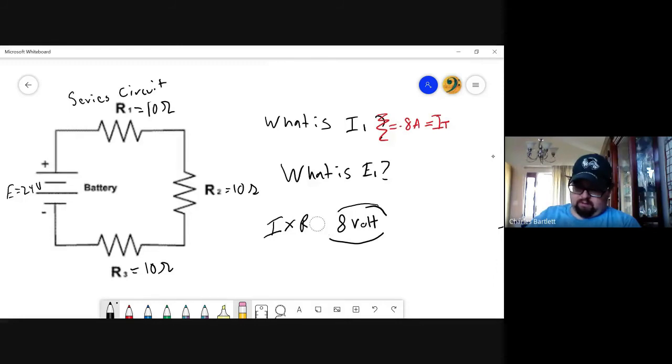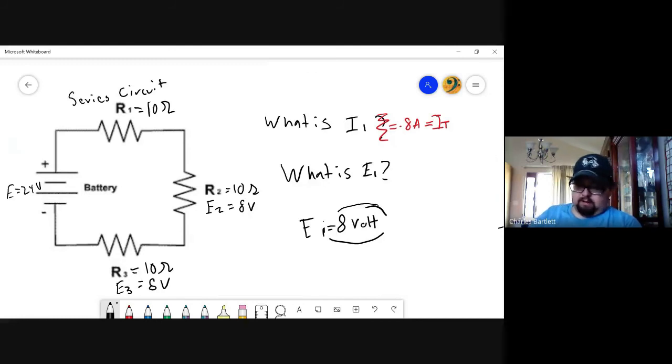That 8 volts is going to be our E1. Then if R2 is the same, then E2 is going to be the same. So E2 would be 8 volts and E3 would equal 8 volts.